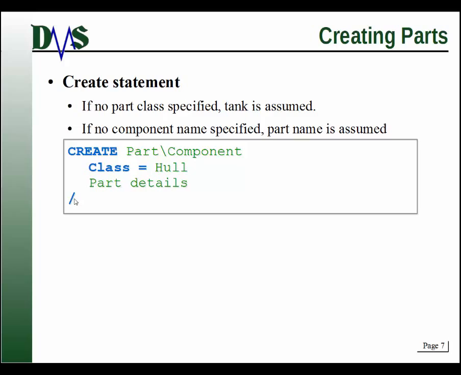Really check for these / statements. I can promise you you're going to have at least one PartMaker file where you have forgotten to put in the /, and GHS gets very confused because it thinks that the very next create statement is part of the same part, and all sorts of interesting errors come out. So always check to have that /.